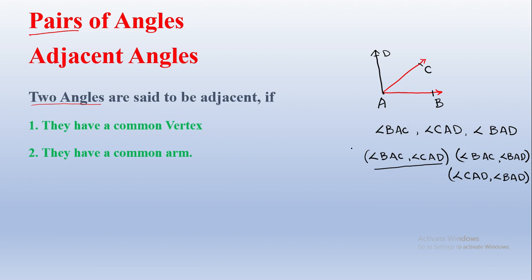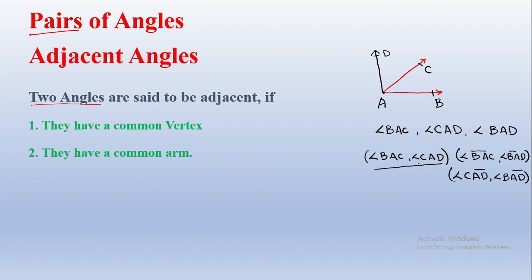So both the angles have a common vertex and a common arm. Similarly, in the second pair, angle BAC and BAD, again we have a common vertex, that is vertex A. Then we have a common arm BA in both these angles. And in the third pair, we again have the same vertex, that is A, and a common arm AD.